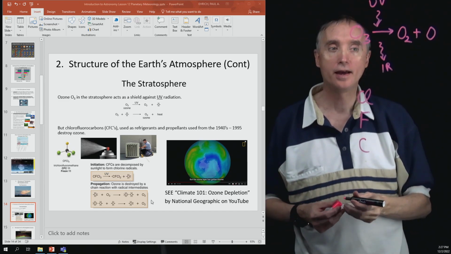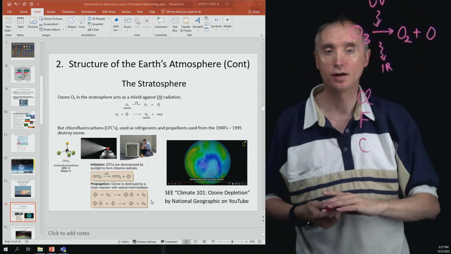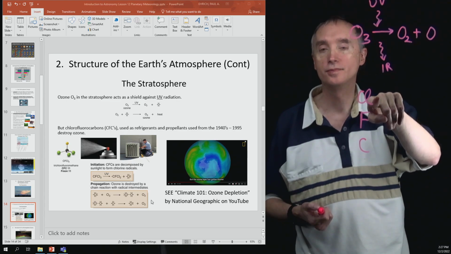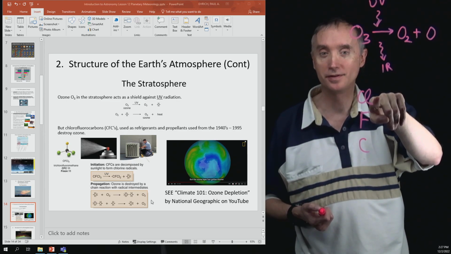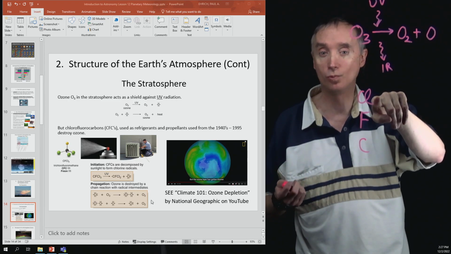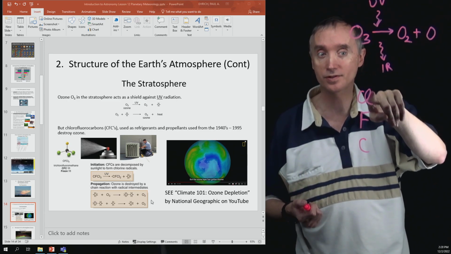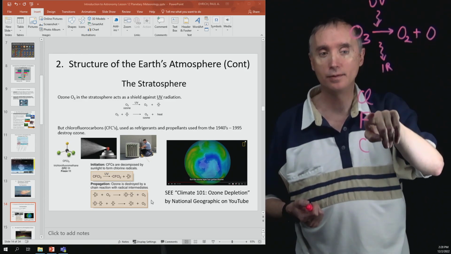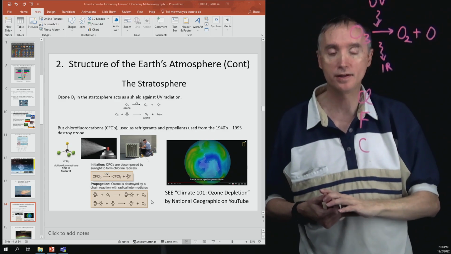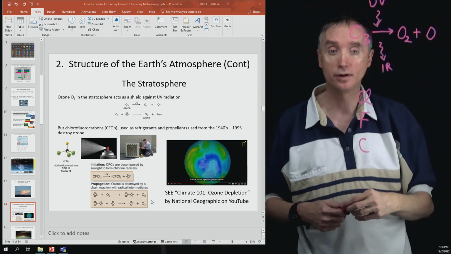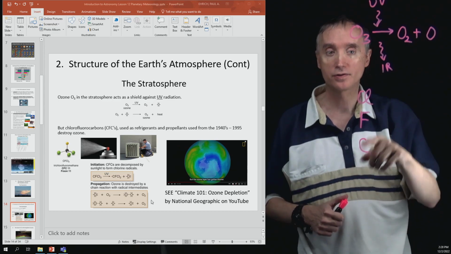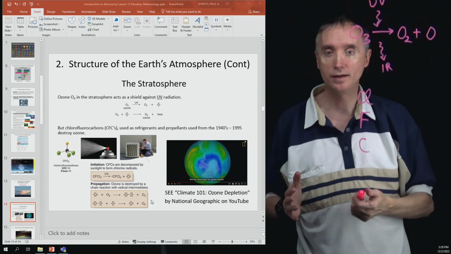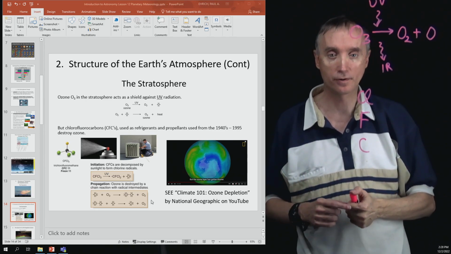And what do we know about chlorine? Chlorine is in column 7, which means it just needs 1 electron, which means it is even more reactive than oxygen. And the same thing with fluorine. Fluorine also has 7 outer electrons, and it wants 8. So both of these are going to be highly reactive elements once they get into the stratosphere.